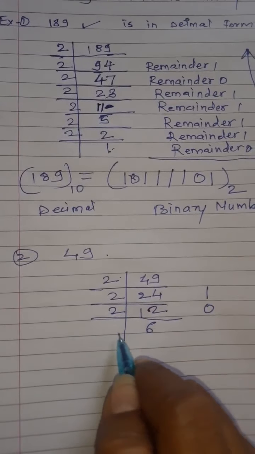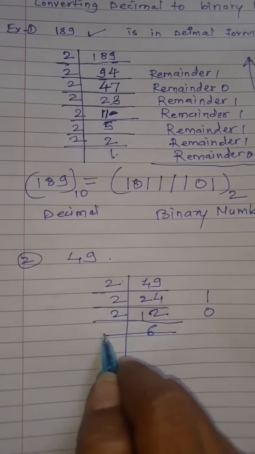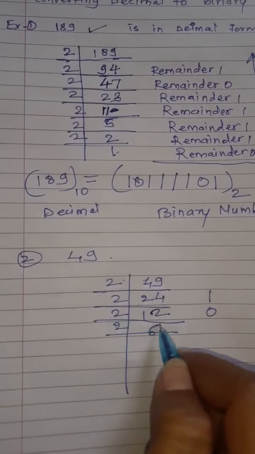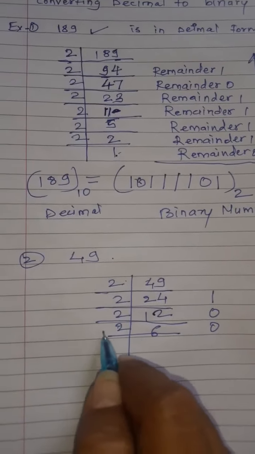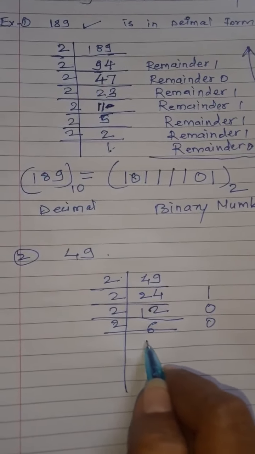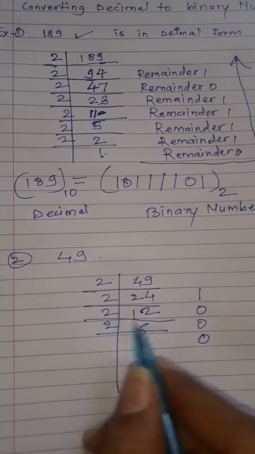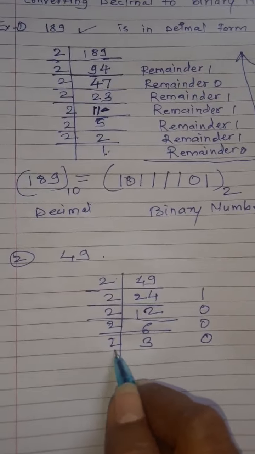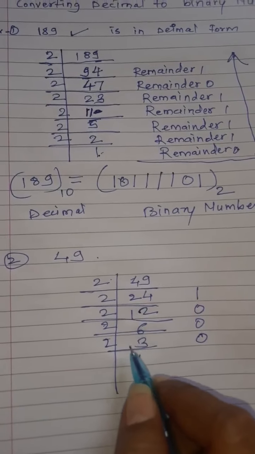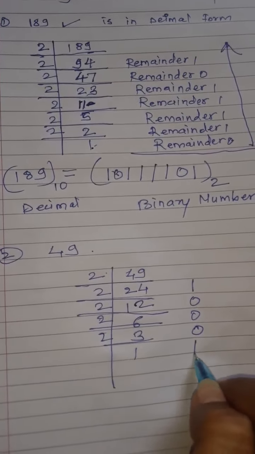2 6s are 12, remainder 0. 2 3s are 6, remainder 0. 2 ones are 2, remainder 1.